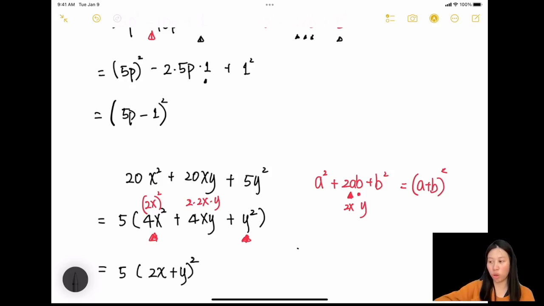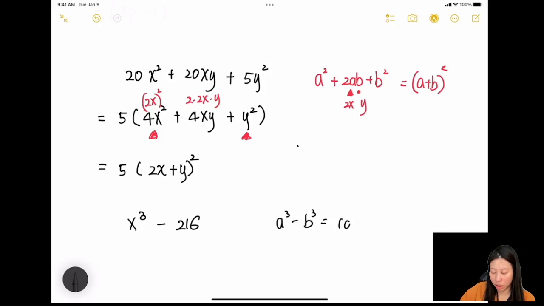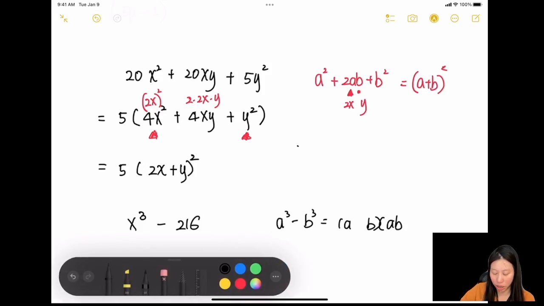Okay, so the next one is, let's try something hard. What about x cubed minus 216? Okay, so we saw the cube. We know that's the difference of cubes. So that means we want something that looks like this, as long as we can find our a and b.